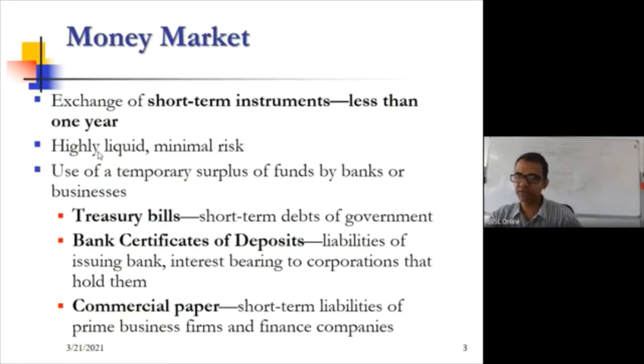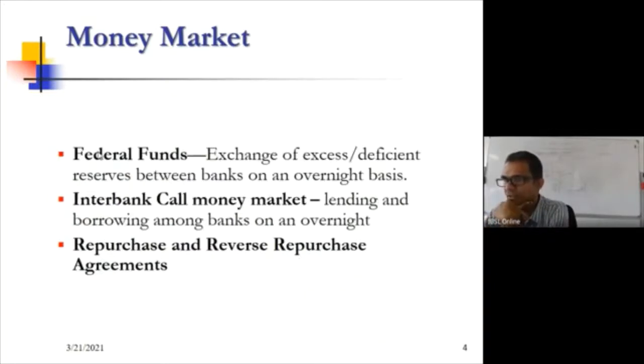Treasury bills are issued by the government, commercial papers are issued by corporates. In between, banks we don't consider as corporate or the government. Banks are special. So banks use a different sort of instrument which is called a certificate of deposit. So all these things I think you know, no need to explain very much.